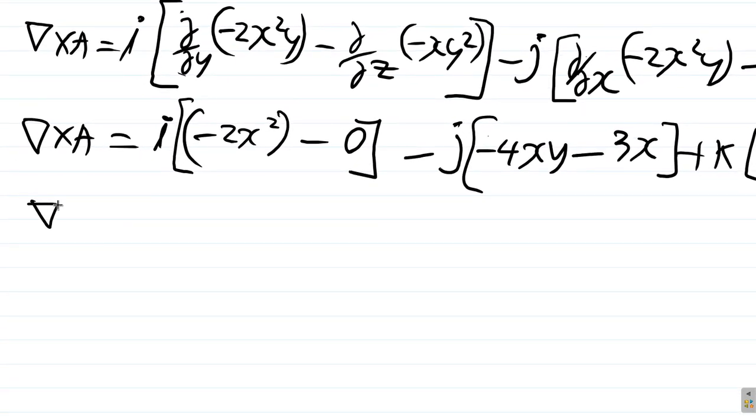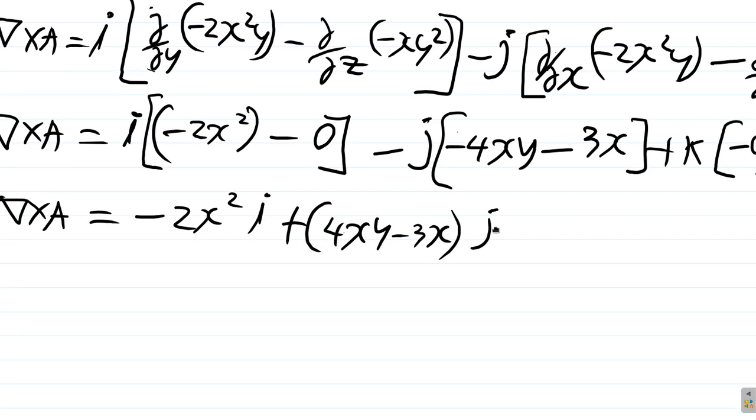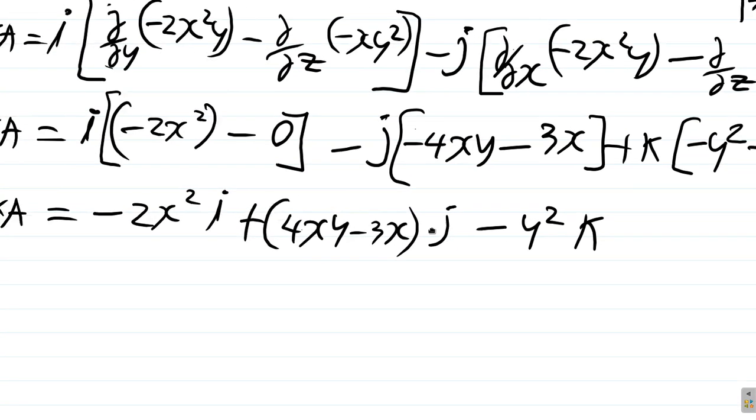So therefore, del cross A, which is the curl of A, is negative 2x squared i minus, well, if you multiply both outside and inside by negative 1, you get plus 4xy minus 3x j, and then minus y squared k.